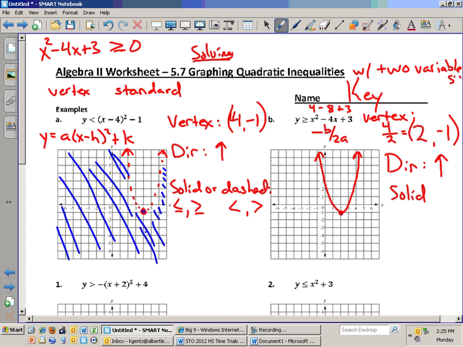Pen on the vertex. Y is greater than, so I go up. I'm on the inside, so I shade the inside. Because it says y is greater than, when I put my pen there and I move up, I'm on the inside.